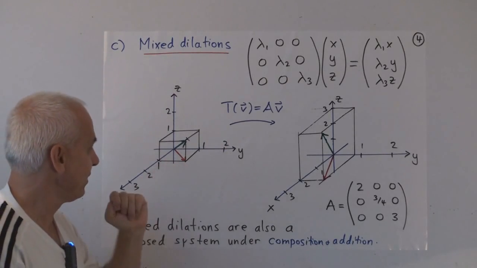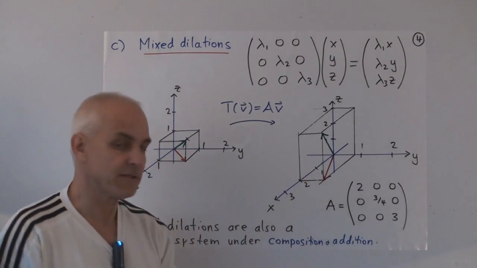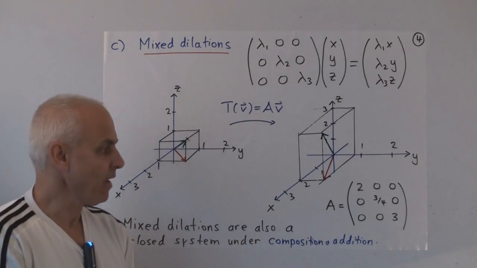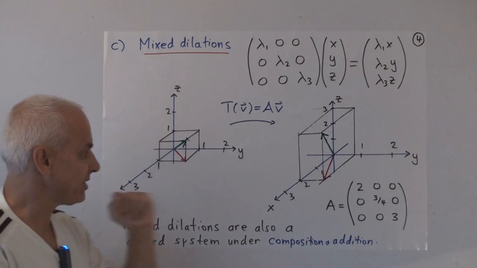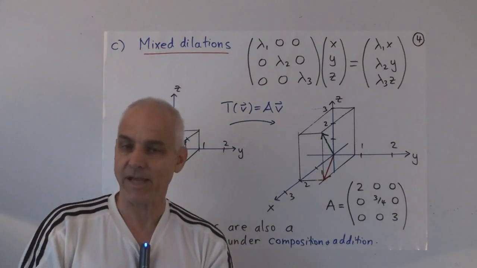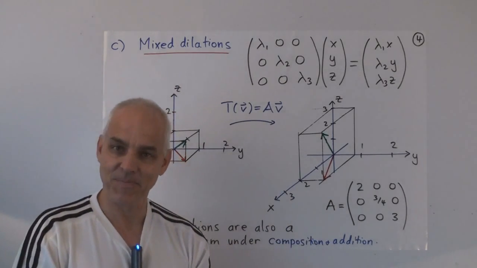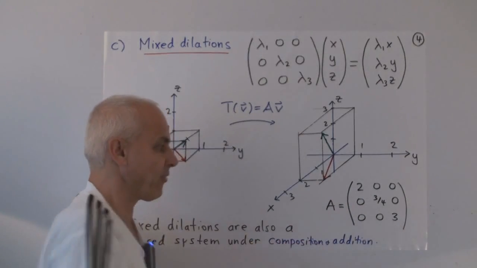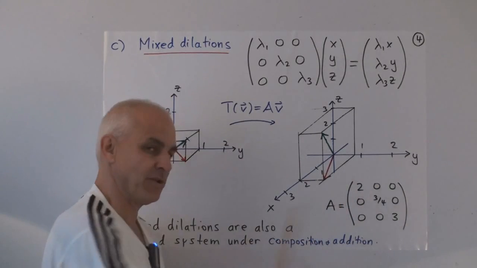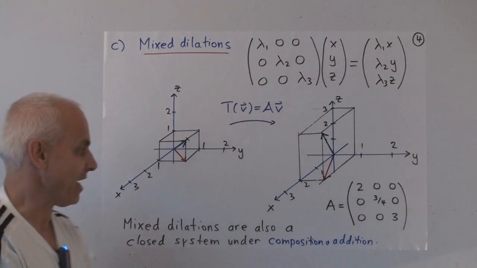So we go from that box to that box. And maybe I should mention that the volume of this box and the volume of this box are related in a pretty simple way. The volume here is just 2 times 3/4 times 3, which is also the determinant of this particular diagonal matrix.